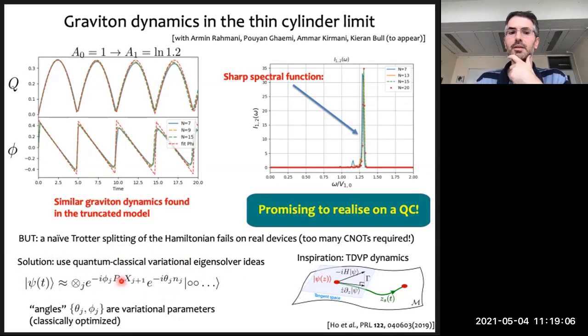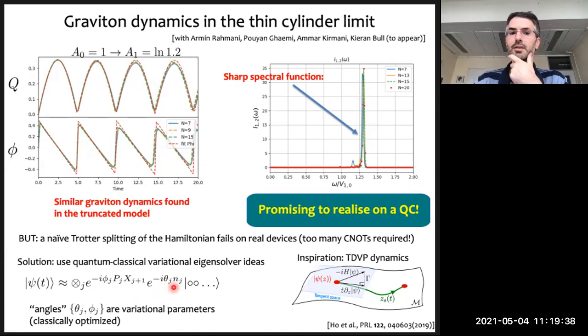That variational ansatz depends on some simple quantum gates and some classical parameters, which here are some angles theta and phi. And these variational angles are something that you variationally optimize on your classical computer. So you do a variational optimization on a classical computer, you get these angles, and then you go back to your actual quantum computer and you get your time-evolved state in that way.